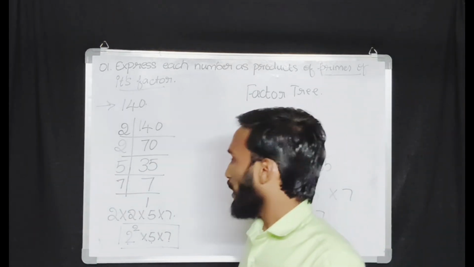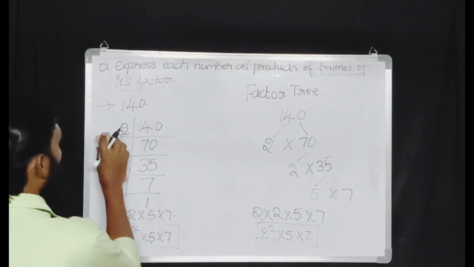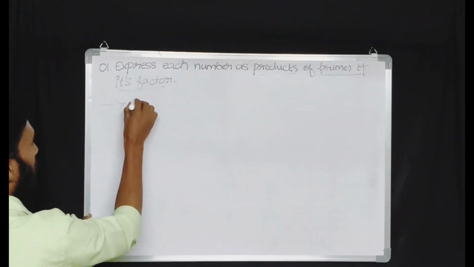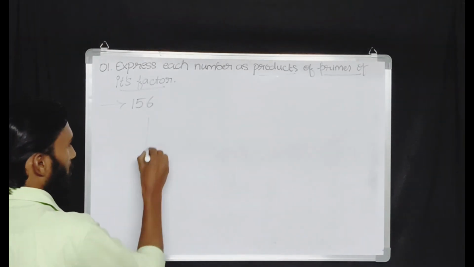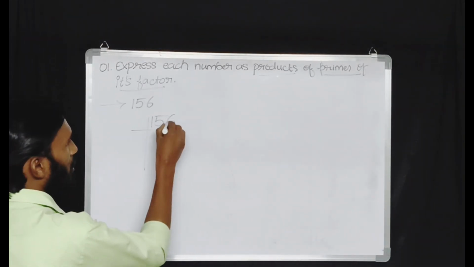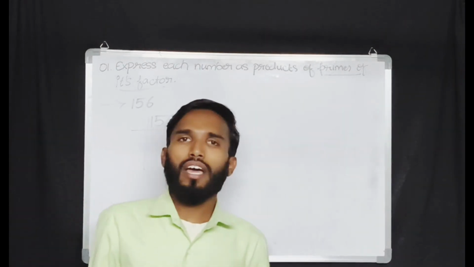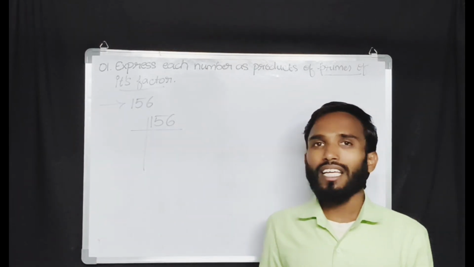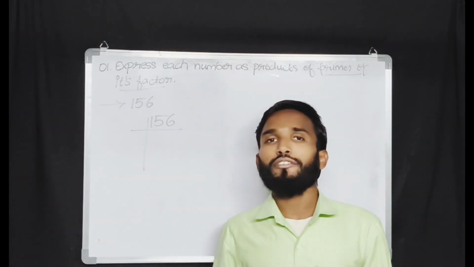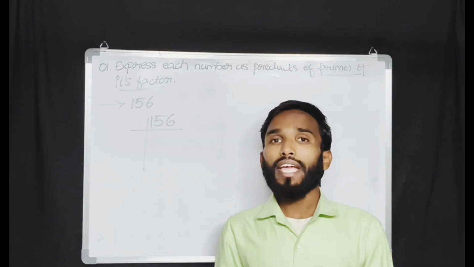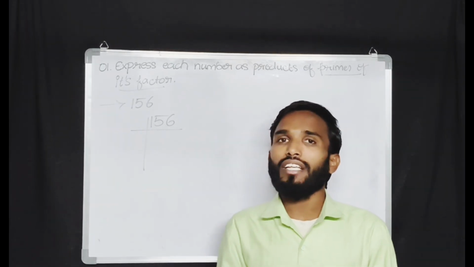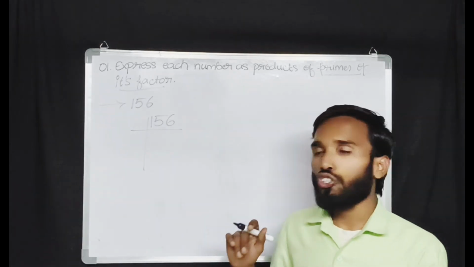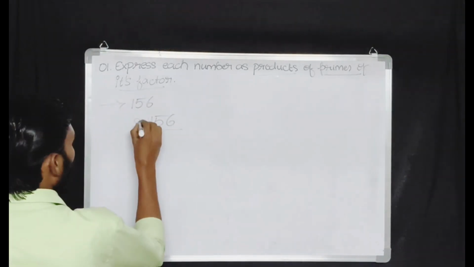Now this is one example. See another example, 156. Here also start with the ladder method. If you observe, the last digit is 6, so the number should be divisible by 2, because where the last digit of a number is even, the number is divisible by 2.